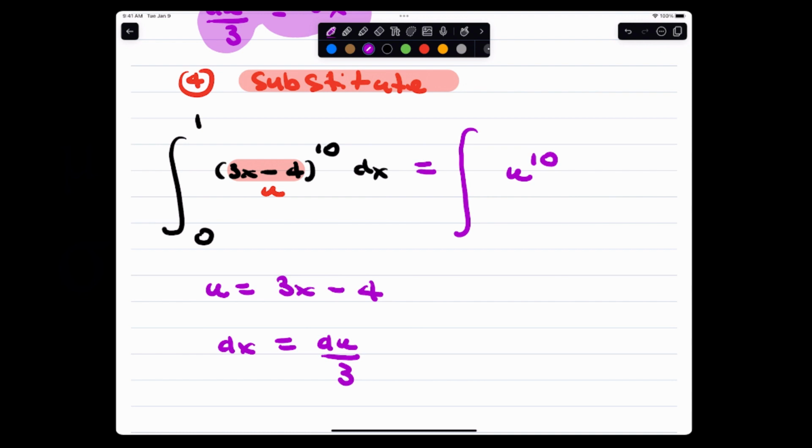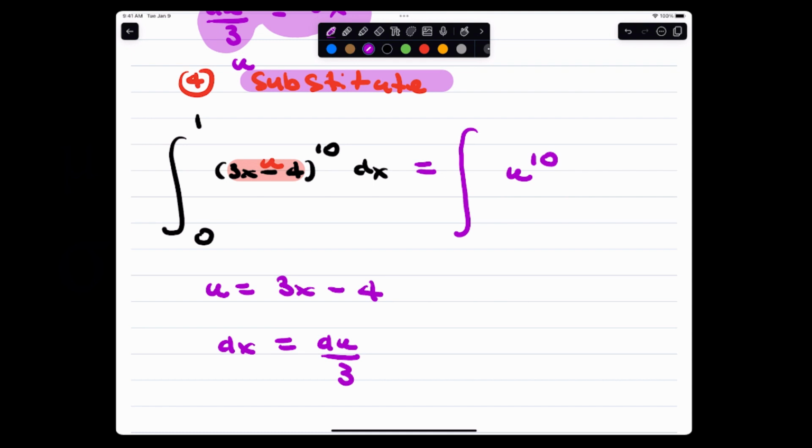Instead of 3x minus 4 to the 10th power, what did you say u had to be? u is 3x minus 4. Doesn't that now mean you got u to the 10th power if I substitute? What do they title this? U sub. Now you know why they gave it the title u sub.